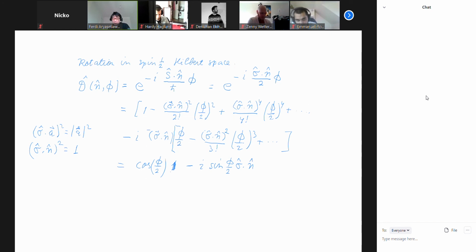Yes. So all this sigma dot n squared becomes 1. So then I just end up with sigma dot n. So we can just plug in the Pauli matrices. These are just the Pauli matrices now. So that becomes then like what I have in the notes. So let me just write it down. So it's basically just plugging in the Pauli matrices.